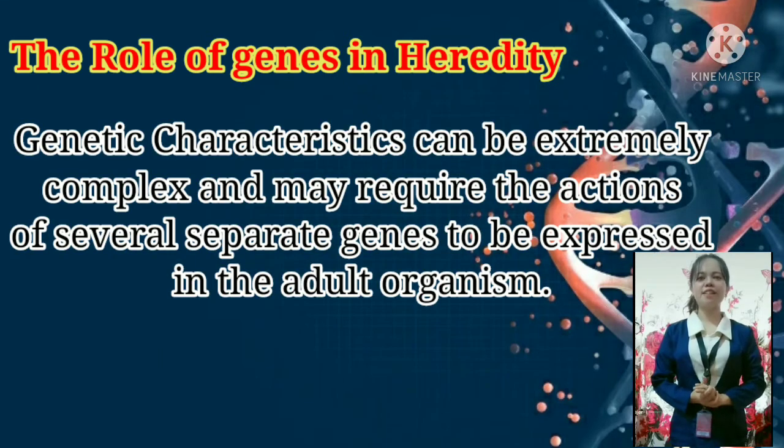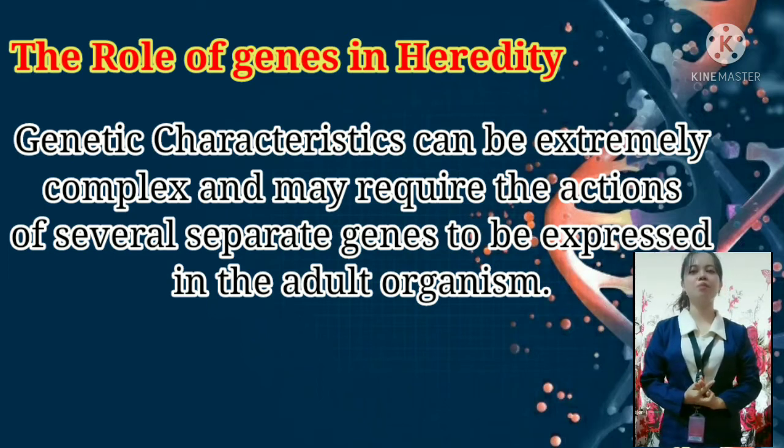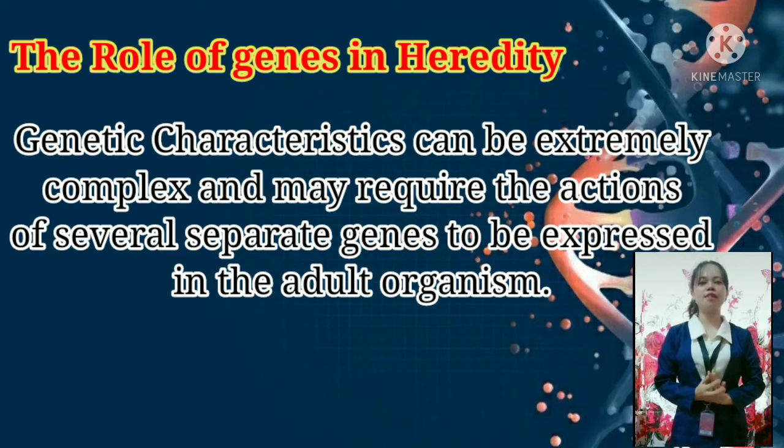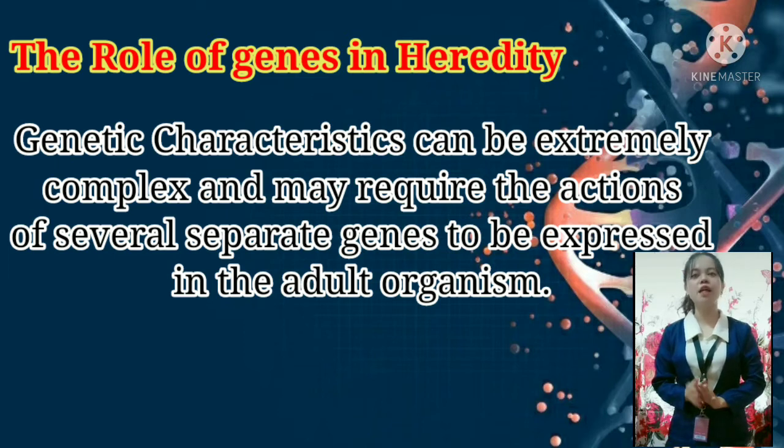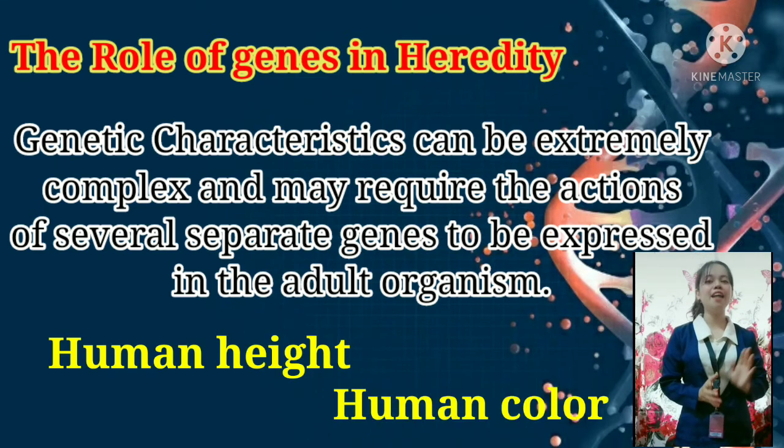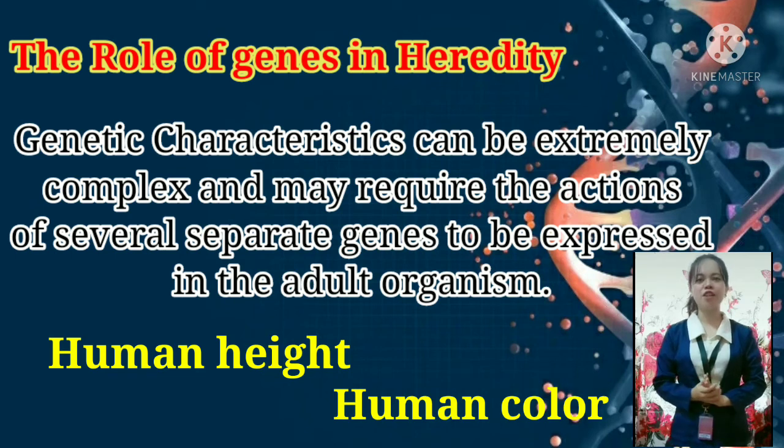Genetic characteristics can be extremely complex and may require the actions of several separate genes to be expressed in the adult organism. Examples of traits that require more than a single pair of genes to be expressed are human height and human skin color. Other traits may be controlled by a single pair of genes.